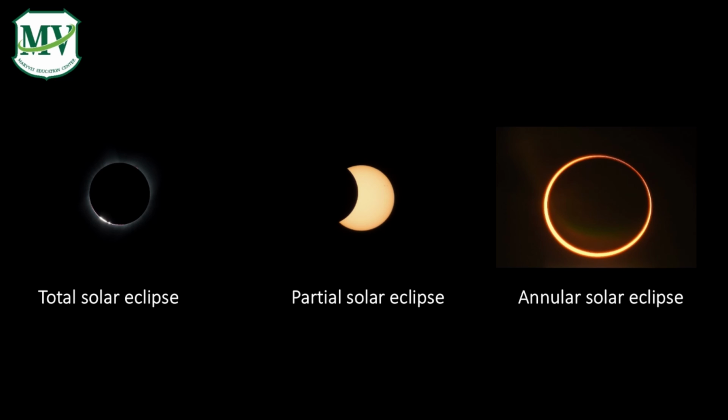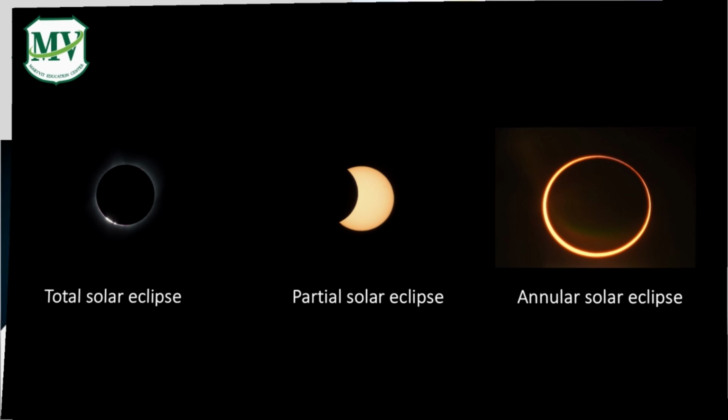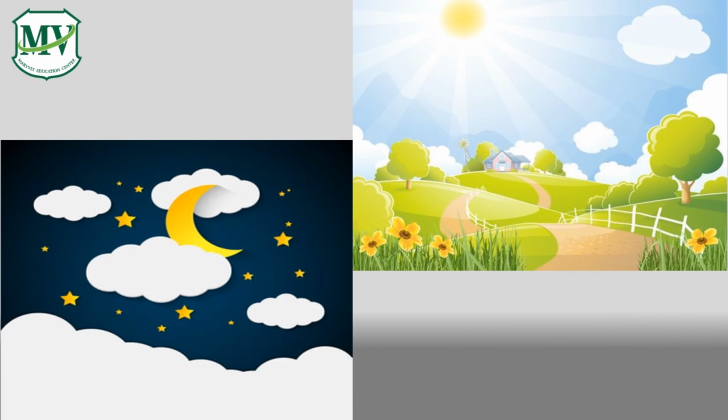Total, partial, and annular solar eclipse. When do solar and lunar eclipse happen? Great job! Solar eclipse happens during daytime and lunar eclipse happens at night.